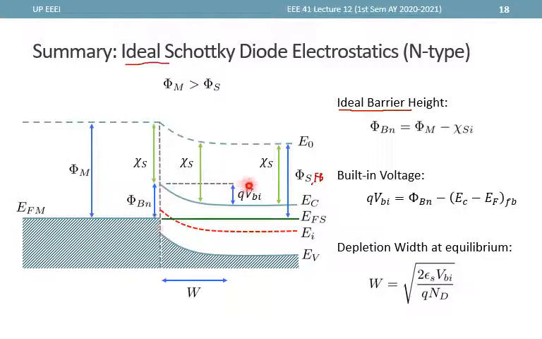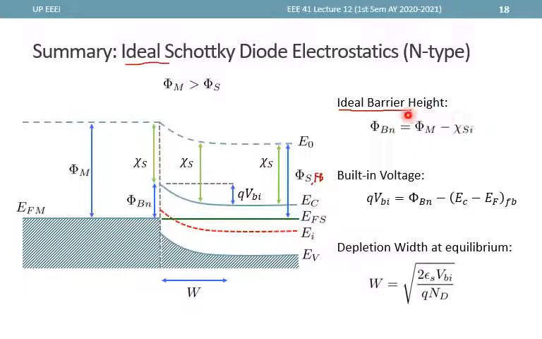Now the next thing we can note is qVbi. qVbi is this height right here, Vbn, minus this height or energy difference right here, which is EC minus EFB at the flat band. Now note that this equation right here can actually be used even if the MS contact is not ideal, meaning even if the material does not follow this one.